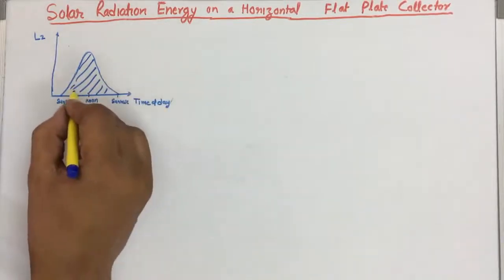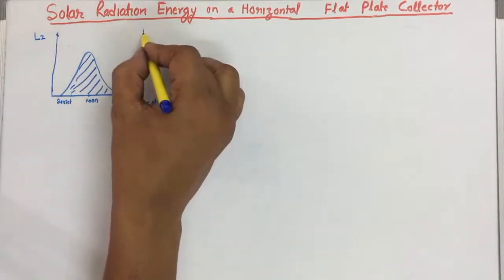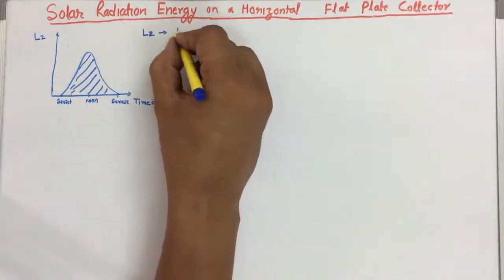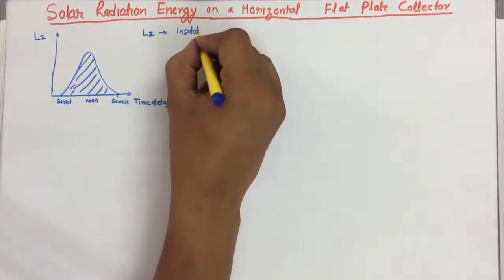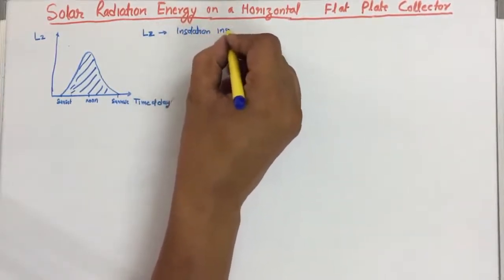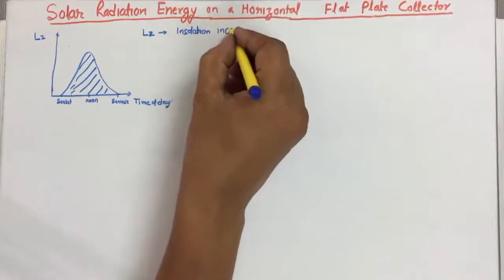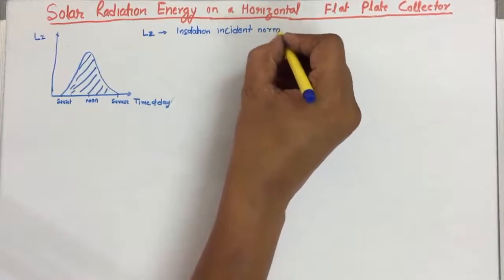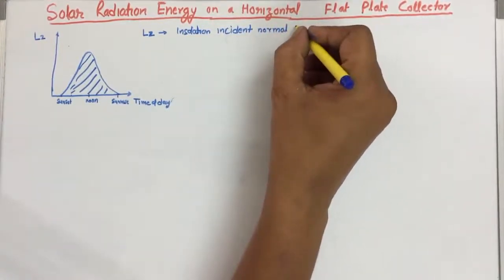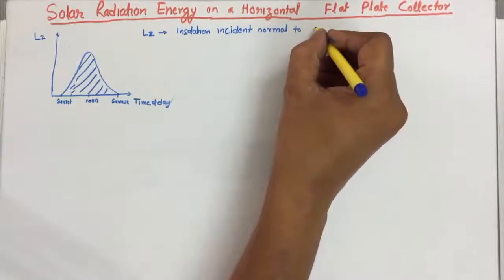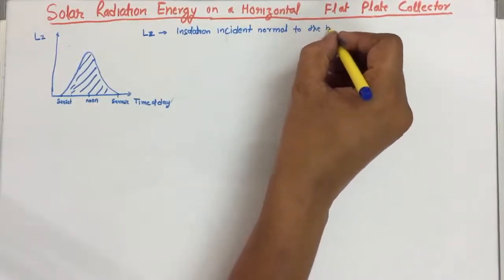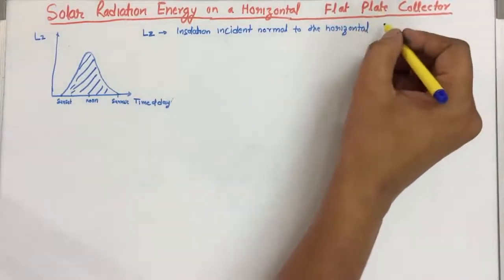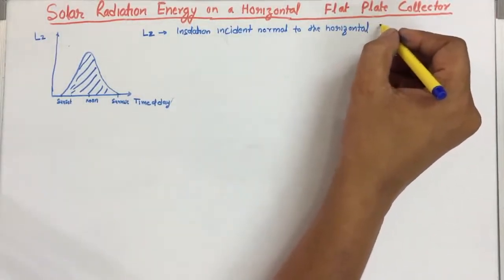So just mark the points: LZ is known as insolation incident on the surface normal to the horizontal flat plate.